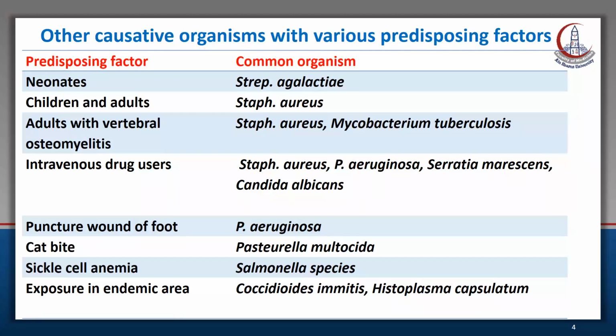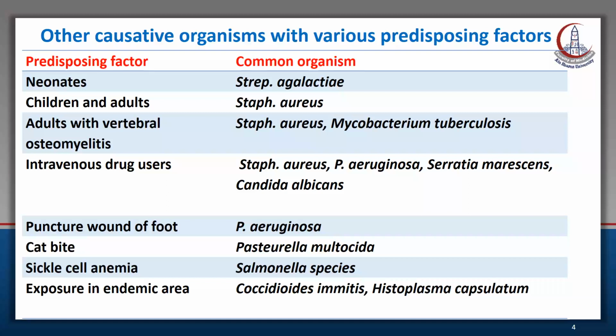Occlusion of the GIT blood vessels means the liver and GIT cannot act properly, so clearance of Salmonella species is disturbed, causing Salmonella bacteremia for a long time, so it may cause osteomyelitis in sickle cell anemia. So most Salmonella infections in sickle cell anemia patients are in the form of Salmonella osteomyelitis.